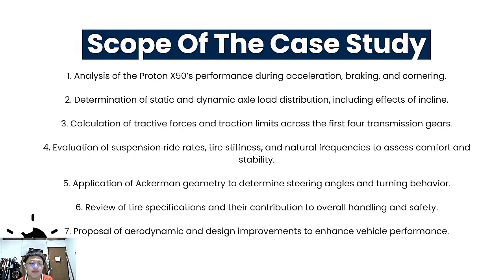Number 4, evaluation of suspension ride rates, tire stiffness, and natural frequencies to assess comfort and stability. Number 5 is application of Ackermann geometry to determine steering angles and turning behavior. Then, review of tire specification and its contribution to overall handling and safety. For the last one, proposal of aerodynamic and design improvements to enhance vehicle performance.